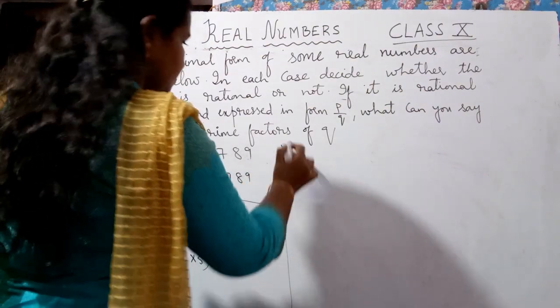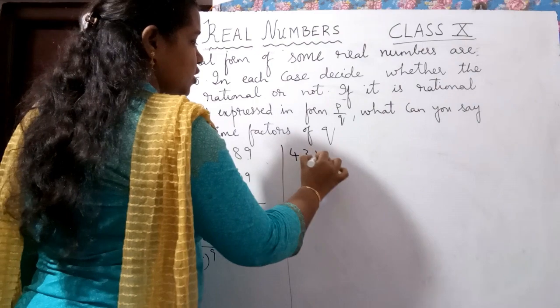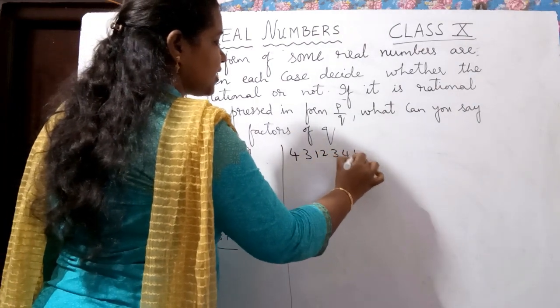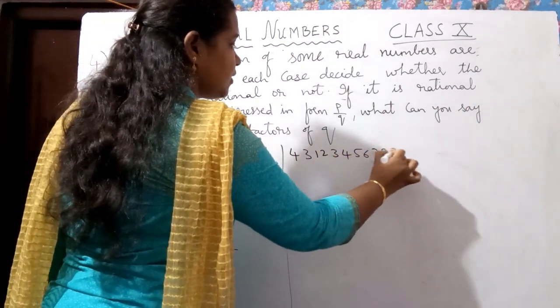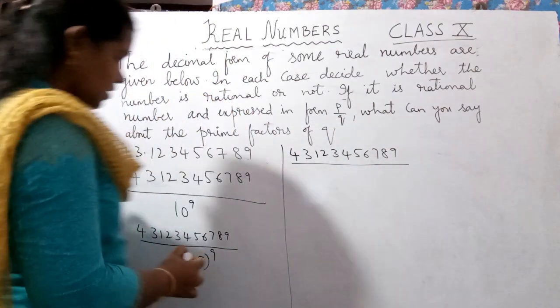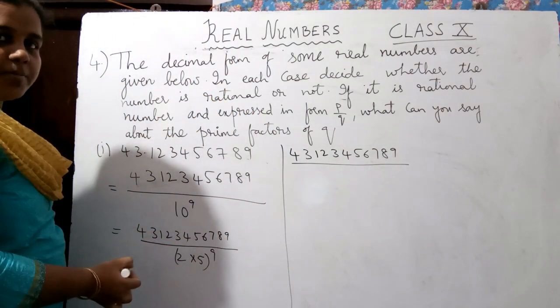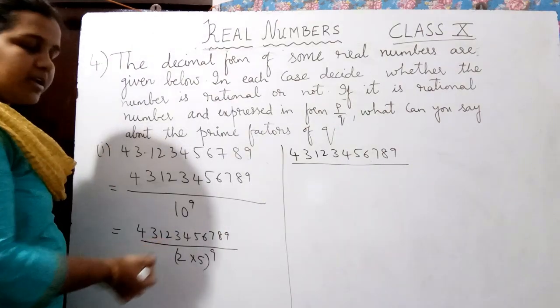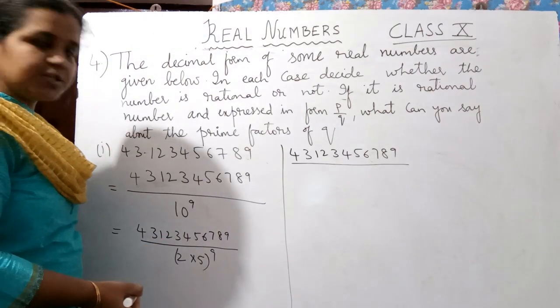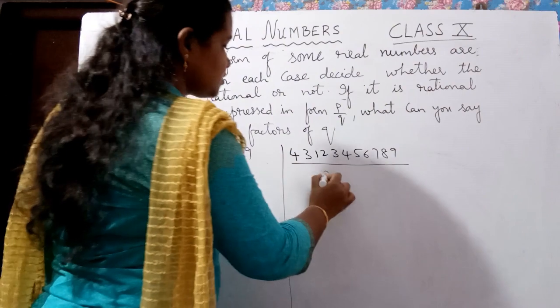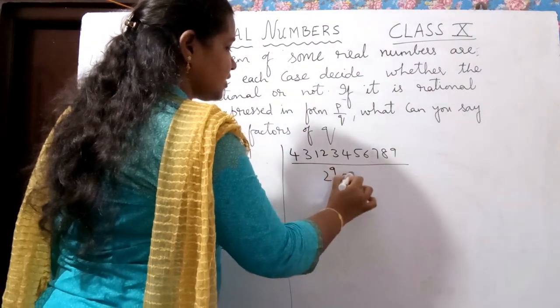So this can be written as 431234 56789 by, I can apply the power separately: (ab) whole power m is equal to a power m into b power m. This you already learned in your 8th class in exponents and powers. So I can write it as 2 power 9 into 5 power 9.